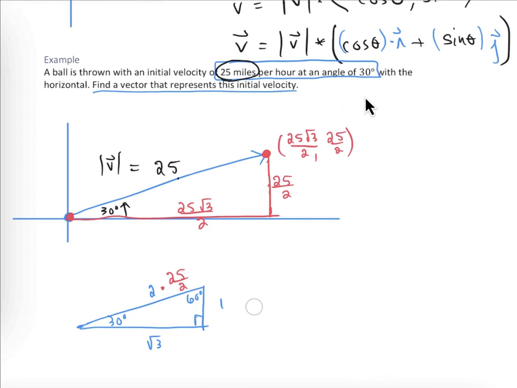And so if we do that to one of the sides, we have to do that to all of the sides. So this one would be multiplied by 25 over 2, so would this one. And that's going to give us a triangle with this side that's now 25 rad 3 over 2, this side that is 25 over 2, and this side that is 25. So our components that we had a moment ago are actually the correct ones for this vector.